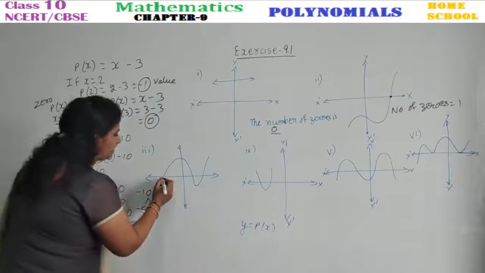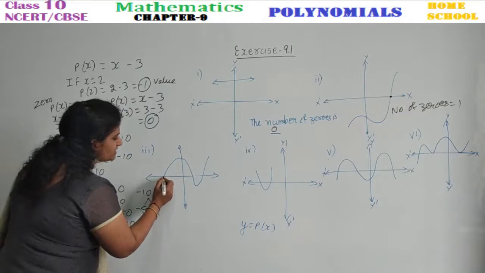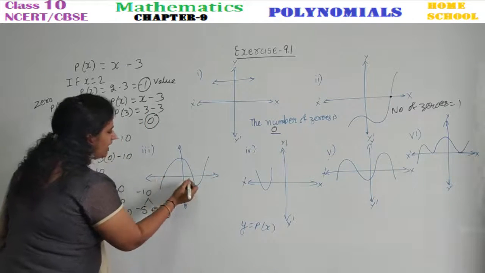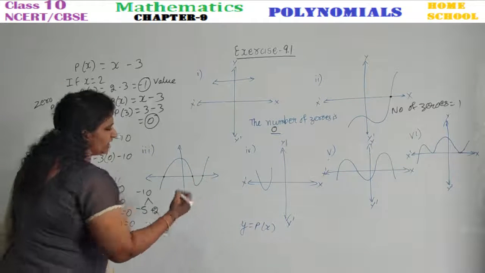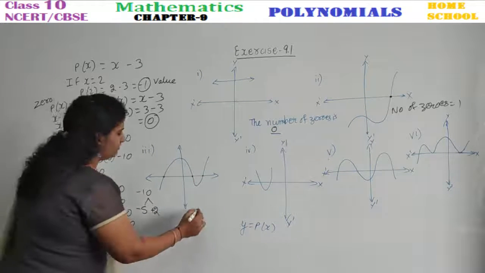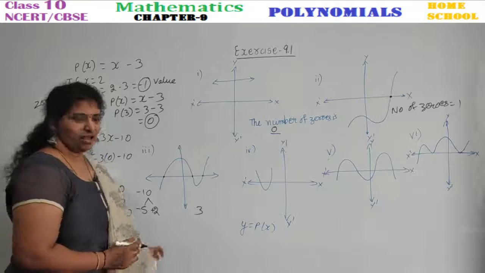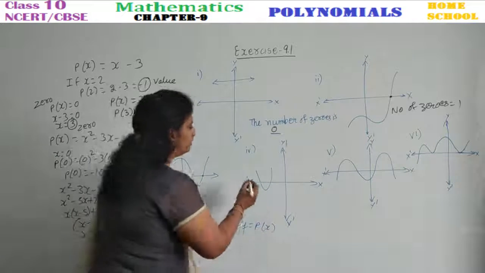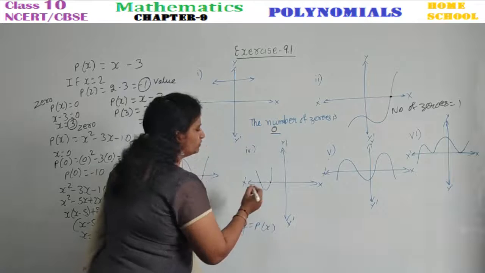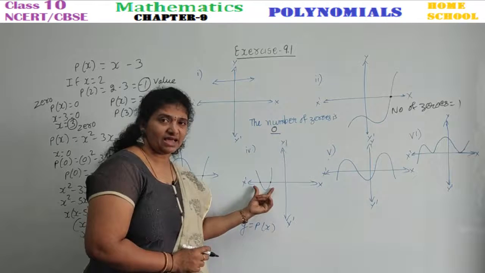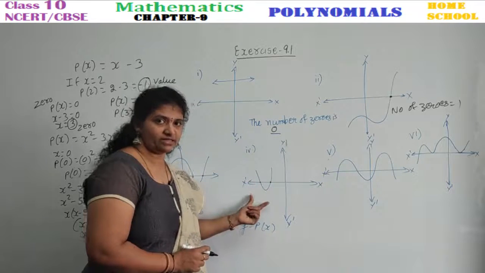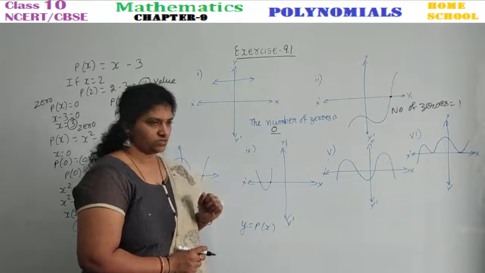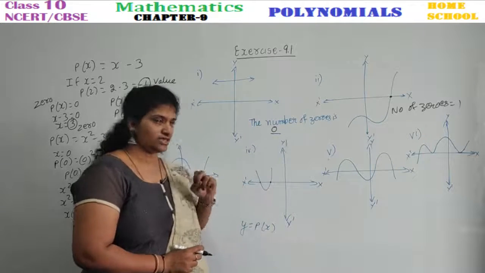See the third problem. Identify where it is touching the x-axis. 1, 2, 3. How many zeros do you have? 3 zeros. The number of zeros is equal to 3. Next, the fourth one. 1, 2. Here it is cutting the x-axis at 2 points. So it has 2 zeros.